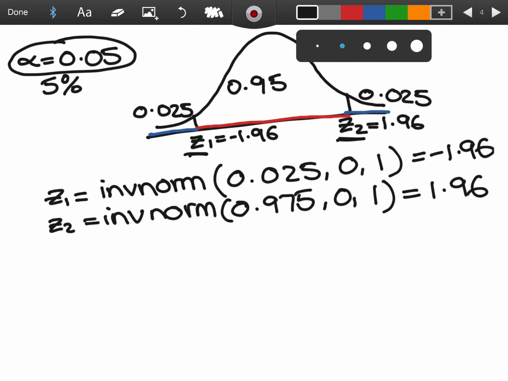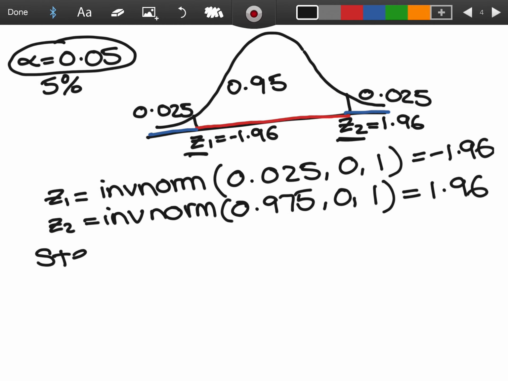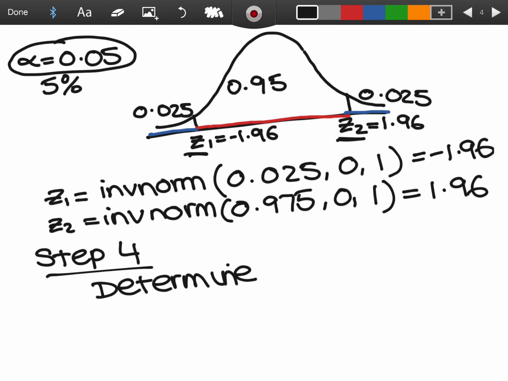Now the name of these z1 and z2 values is actually critical values. That's what we tend to call them. And this is actually our next step in our process. So this is step 4, what we've done here, which is to determine the critical values. Or value, if you've got a one-sided or one-tailed test, whether it be left-tailed or right-tailed, you're only going to have one z value, as we'll see in a second.